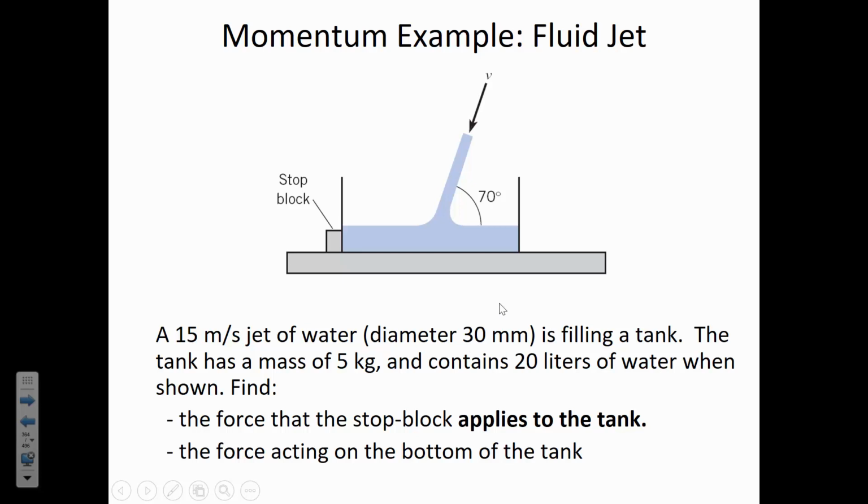And then by knowing its diameter, we can assume that it's circular in shape. The cross-sectional area is circular. So that jet's going in, filling the tank, and we also know the mass of the tank and how much water is in there. And that'll come into play when we're calculating these vertical forces.